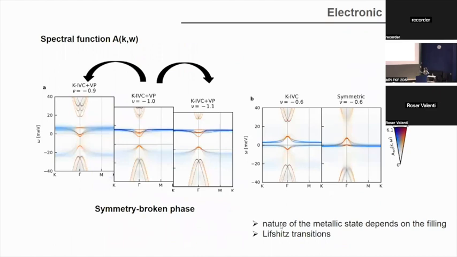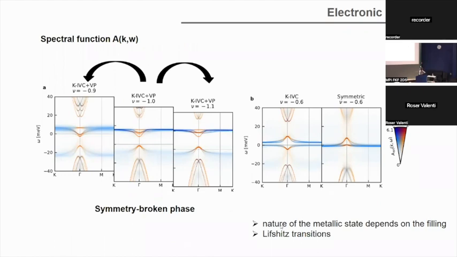But now what is more important, of course, is what happens when we go to these fractional fillings. Let me stay, for instance, with the symmetry broken phase, where we clearly have a Mott insulator at nu equal to -1. If we go to the left, what we are doing is putting electrons, and if we go to the right, we put holes.